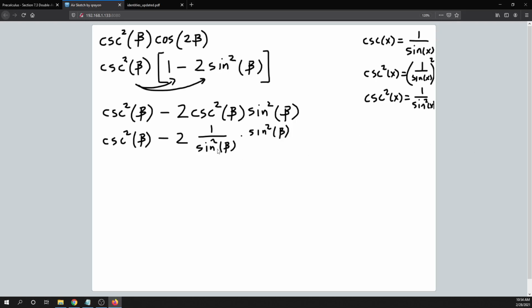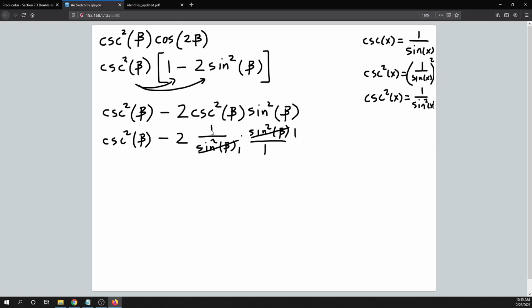And so that leads me to the next simplification that I could make. I can rewrite this sine squared beta as sine squared beta over 1 and multiply these two fractions together. When you see that, you'll notice I have sine squared beta as a common factor between the numerator and the denominator, so I can cancel those common factors out.